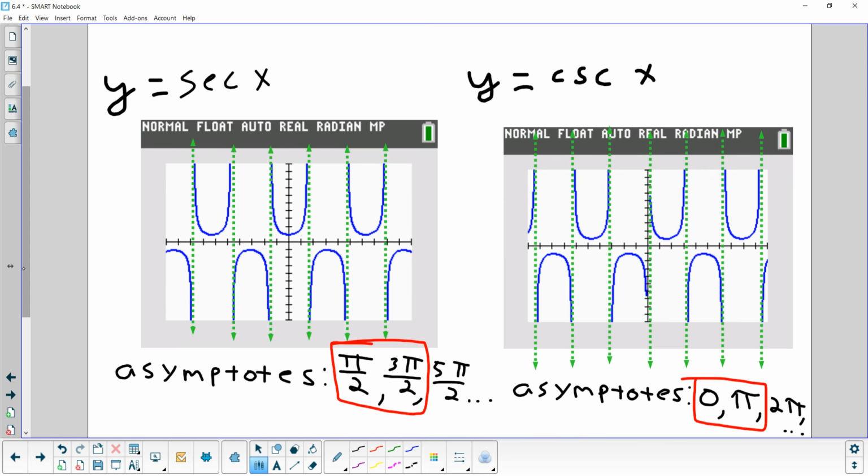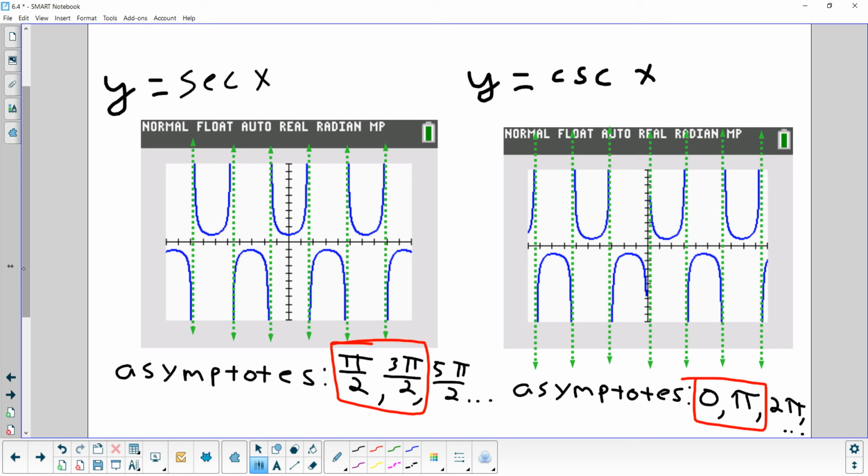So here is cosecant. It's harder to see on the graph, but I did label them down below. There are asymptotes at 0, pi, 2 pi, 3 pi, and so on. And then for secant, you're thinking about where the graph of cosine would cross the x-axis.